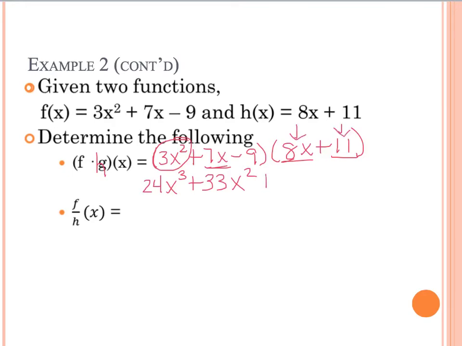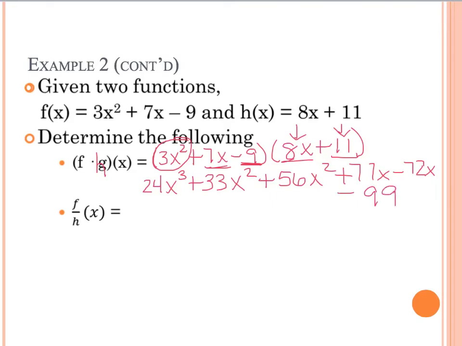Then I'm going to take my 7x and multiply it by both things in the parentheses. So plus 56x squared plus 77x, and then take the negative 9 and multiply it by both things in the parentheses. So minus 72x minus 99.